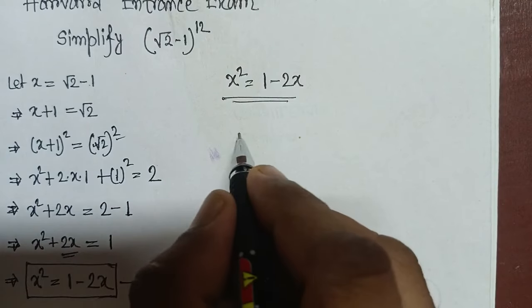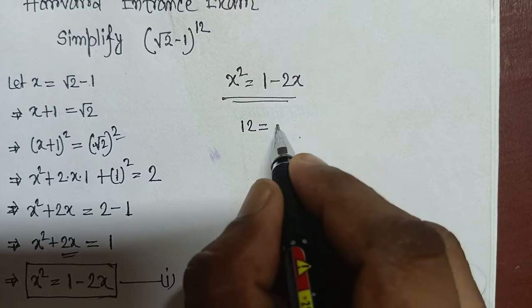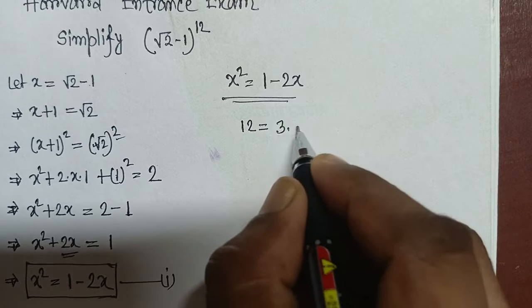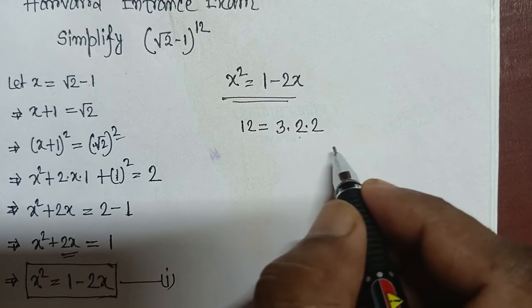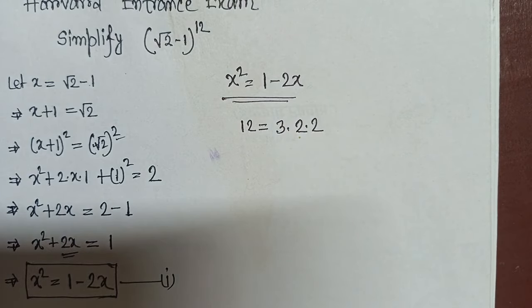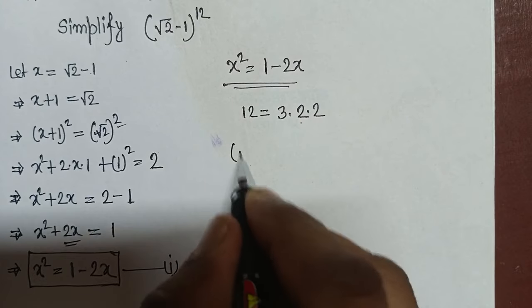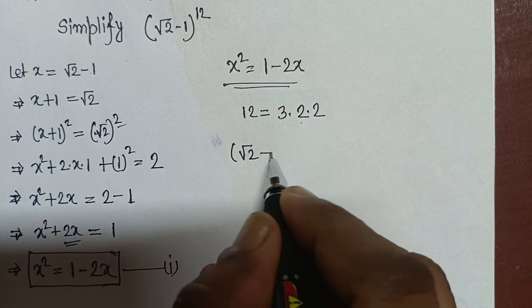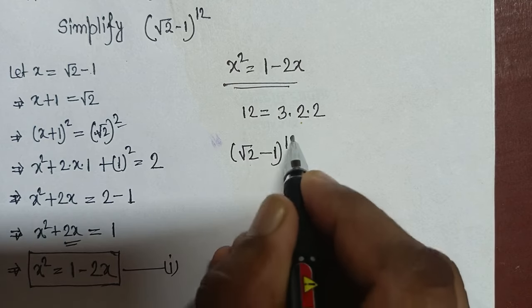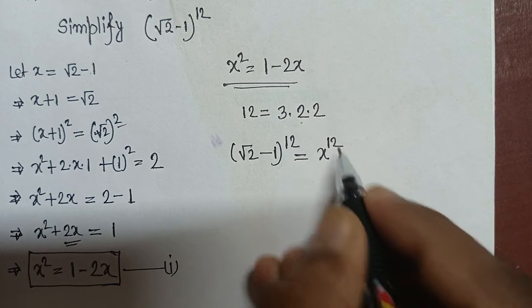And we can write 12 as 3 × 2 × 2. We can express (√2 − 1)^12 as x^12.